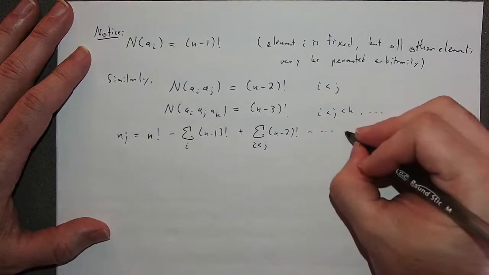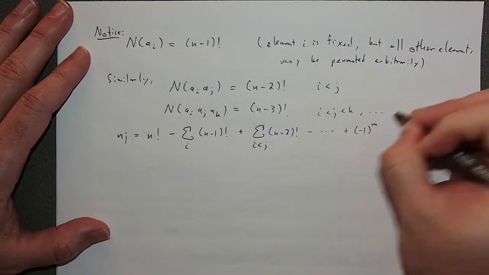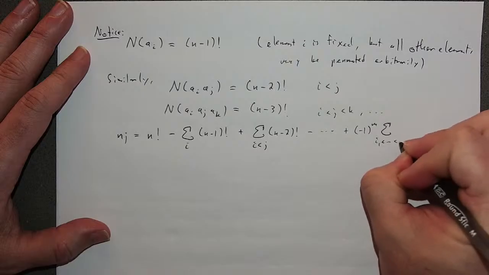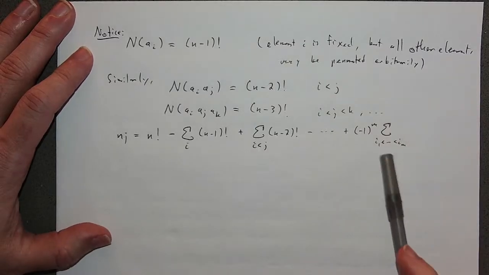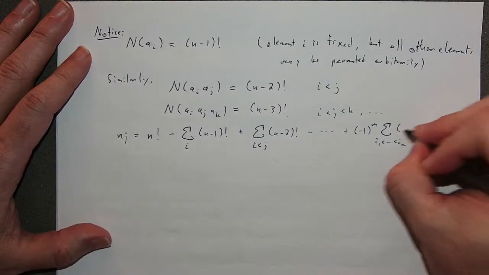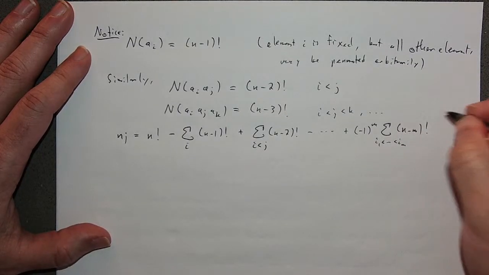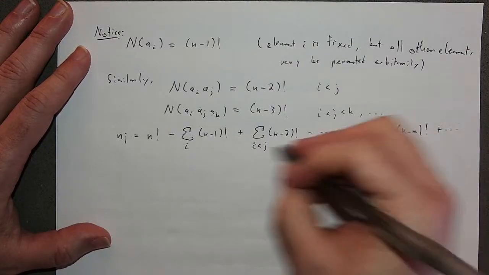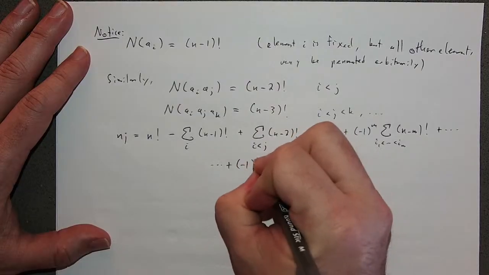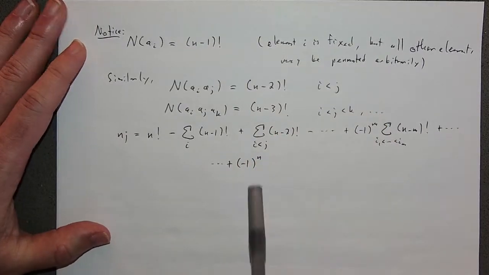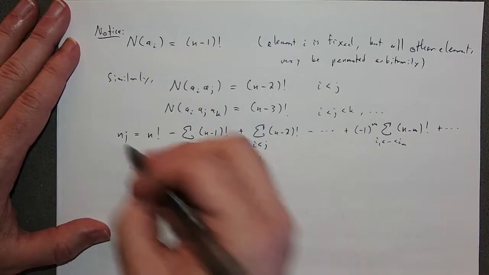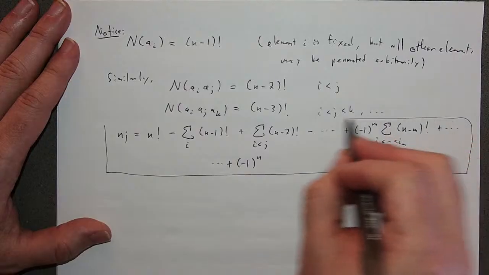Your generic term is plus or minus 1 to the m times the sum over i1 less than i2, and so on out to less than im, of n minus m factorial, plus, and so on, the final term, minus 1 to the n times n minus n factorial. 0 factorial is just going to be 1. There's going to be a single term in this thing. This does it.